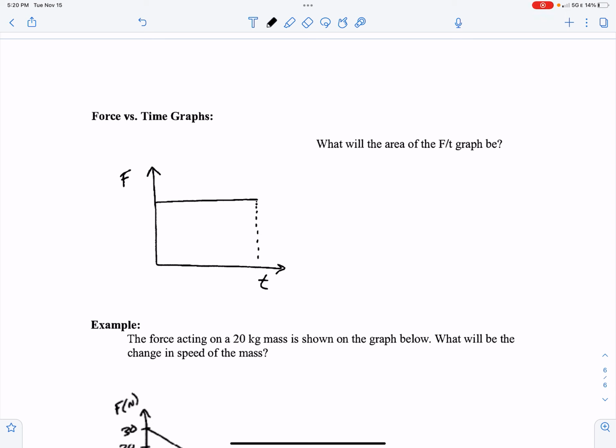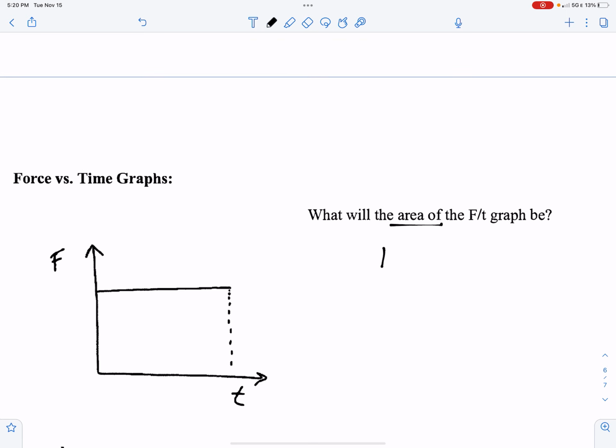Okay, in our final section, we're going to look at how we can apply this graphically. Okay, so if we're given a force time graph, well, let's think about this. Area would be multiplying length times width, in other words, force times time. Now, what do you get when you multiply force times time? Well, force times time is impulse.